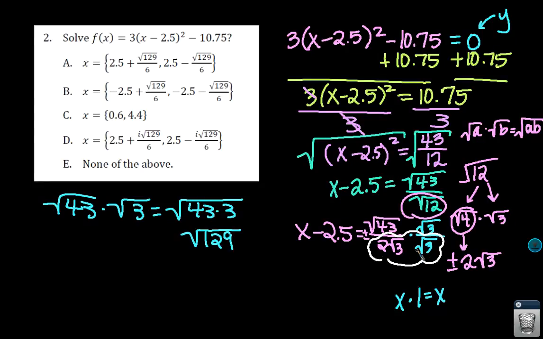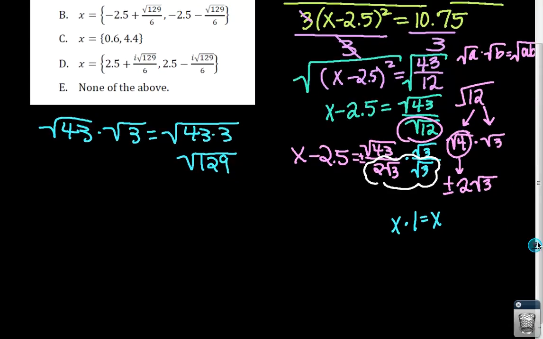The square root of 3 times the square root of 3 actually cancels the radicals out, leaving us with just the radicand, or 3, and 2 times 3 is 6. So I have x minus 2.5 equals the square root of 129 over 6.